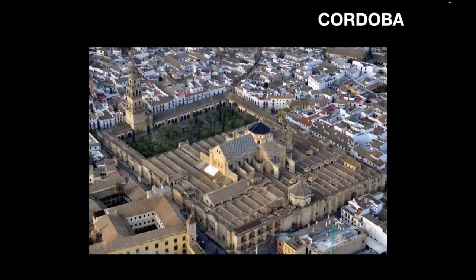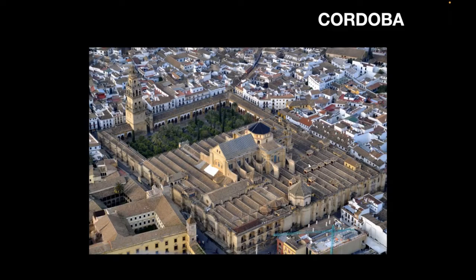So during the time of the Cordoba Caliphate, it was a very important cultural center. Quite a number of Islamic philosophers and also Jewish philosophers were here, and they had their teachings here in this region.